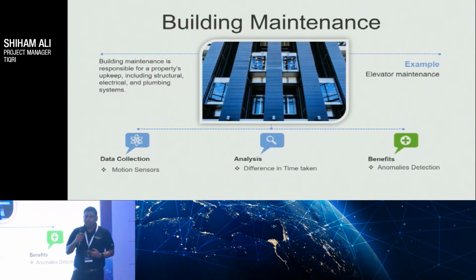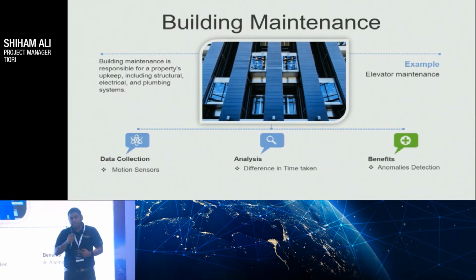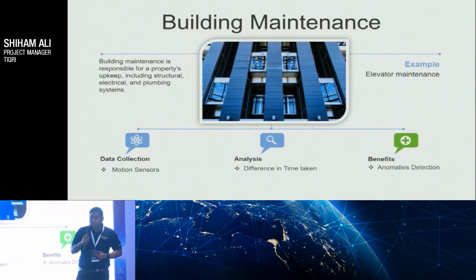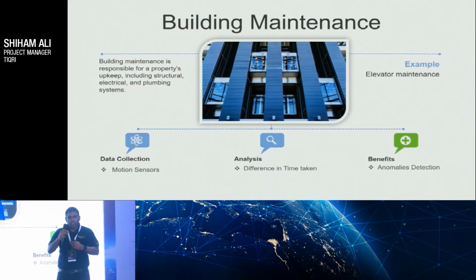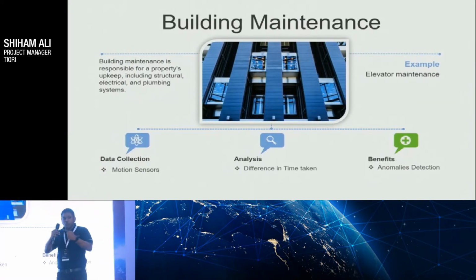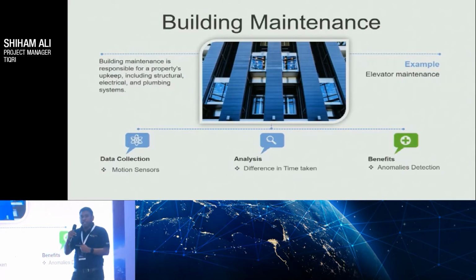Using that motion sensor, over time, the lift can identify that the time taken between floors is getting shorter and shorter, or longer and longer, which would result in a malfunction. And that can be learned from one lift to another.